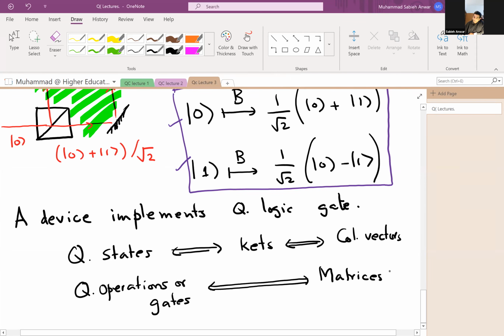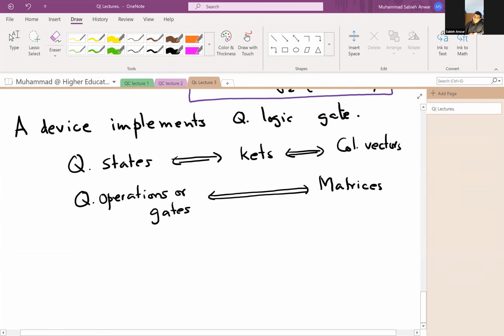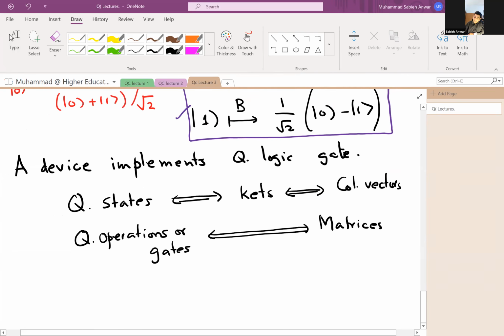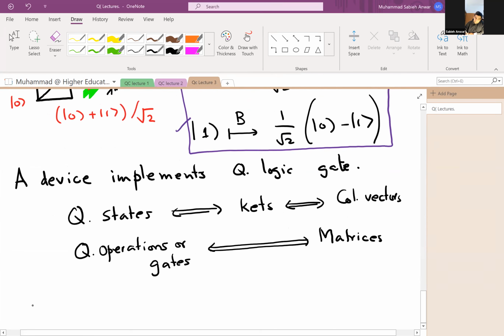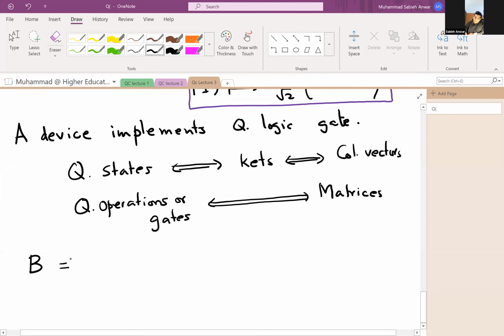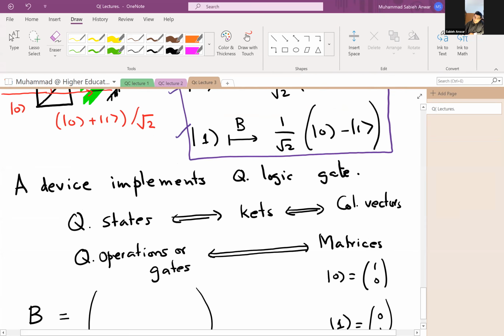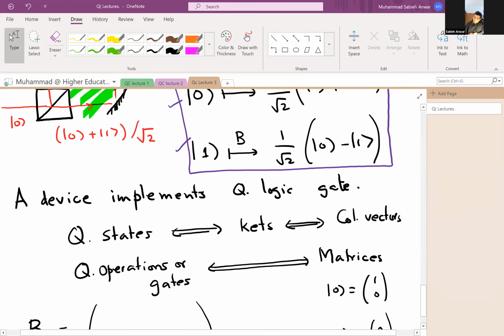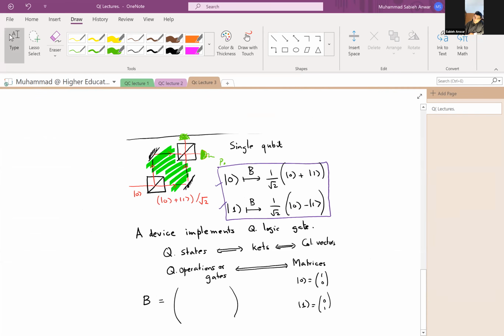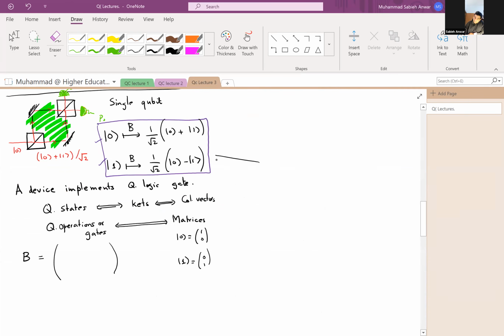All right. So if I were to represent the action of B through a matrix, and I've already described what my basis states are. Ket 0 is (1, 0), ket 1 is (0, 1). By looking at the truth table here, this thing here, this thing, look at this.